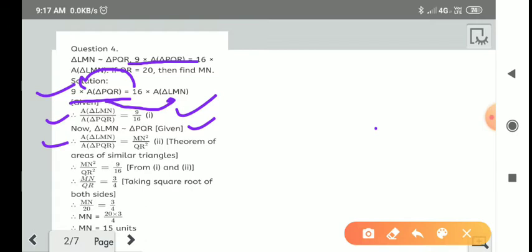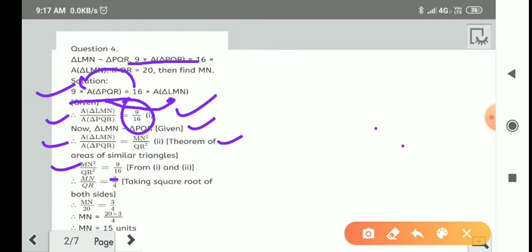We can take three sides, but here we are given the two sides QR and MN. So MN square upon QR square. Now from equation 1 we have the value 9 upon 16 for the area ratio, so 9 upon 16 is equal to MN square divided by QR square.